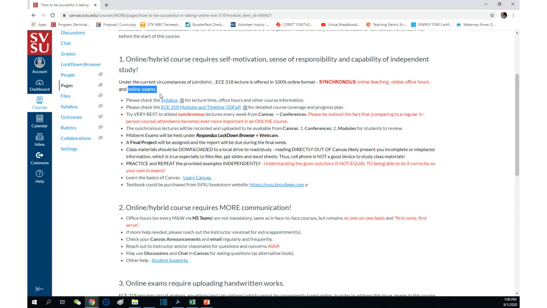Okay. But here, I want to emphasize this synchronous online teaching. There are two ways. One is synchronous, and another is asynchronous. Okay. Synchronous online teaching is closer, or say much closer to the regular face-to-face lecture. So that's why I'm applying this way this time, okay, to see if it works fine.